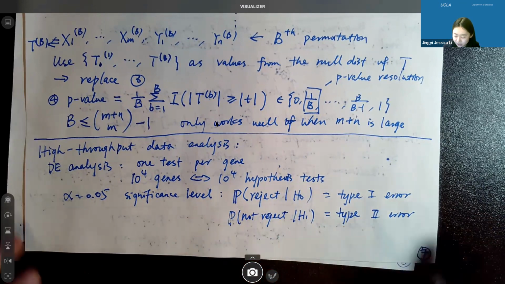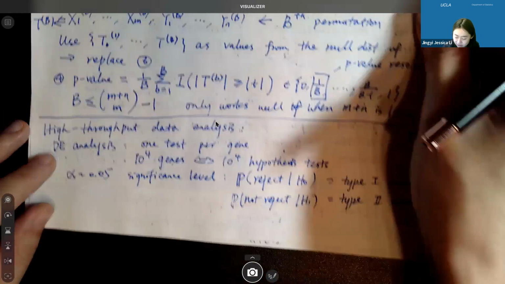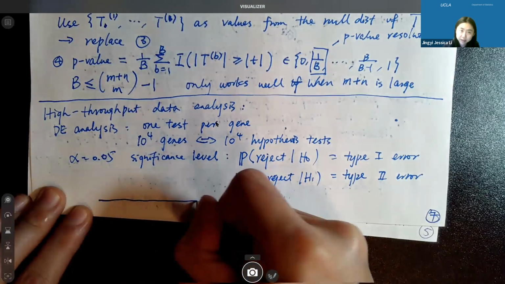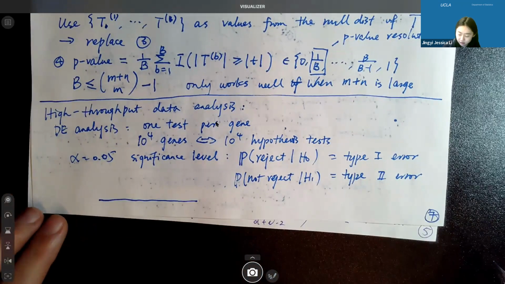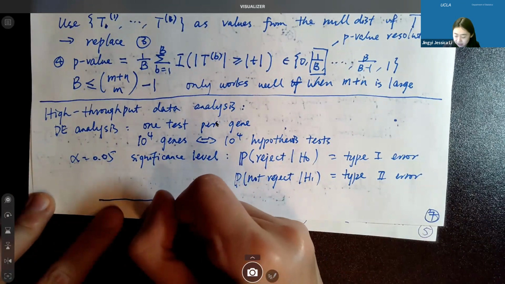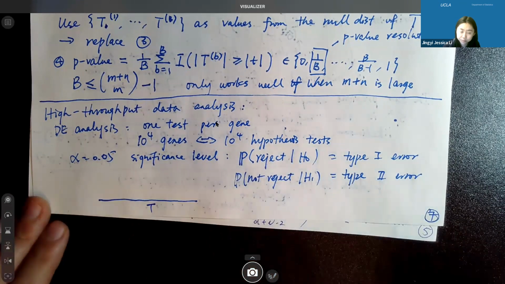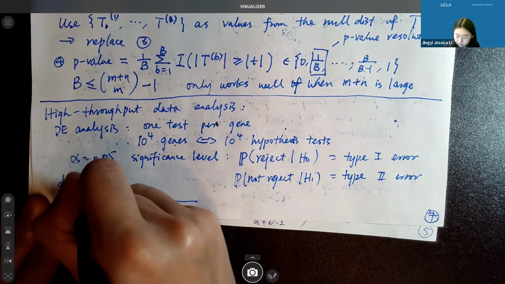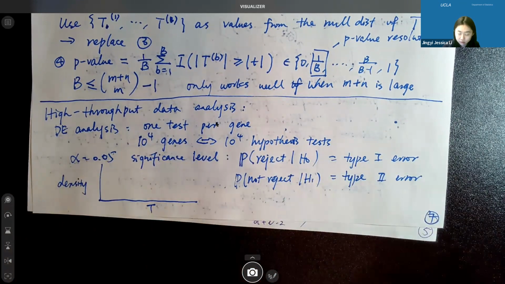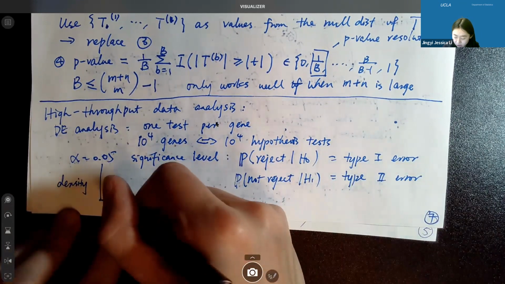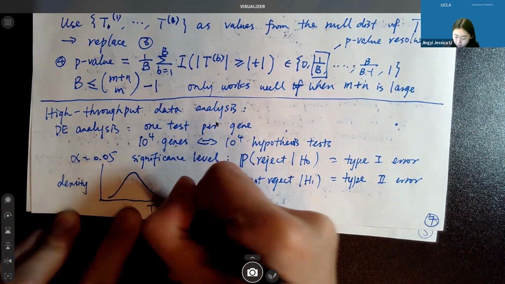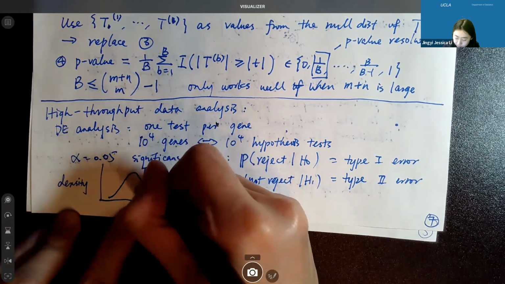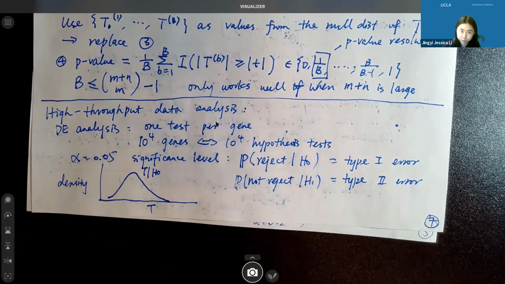And let me give you another concrete example. So let's say that I have a test statistic, okay? I say this is the test statistic T, and I want to plot its density for different values. So let's say the test statistic under the null hypothesis follows this distribution. Under the null, it follows this distribution.